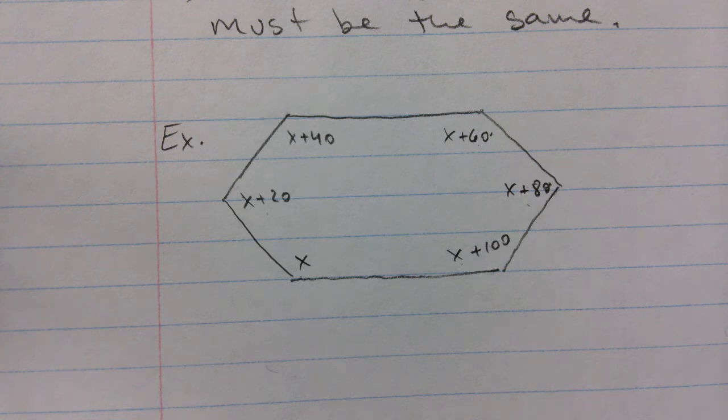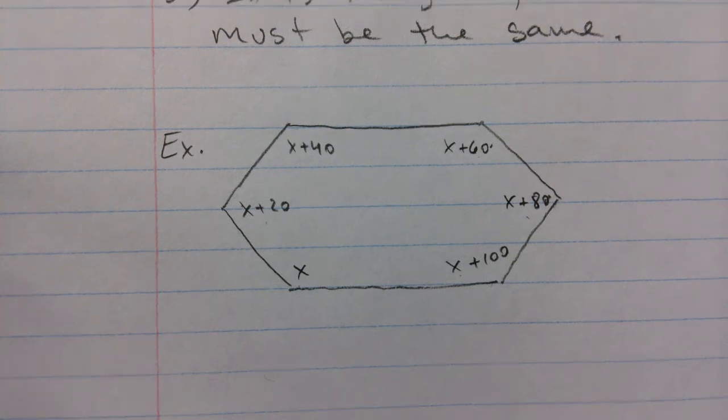Always think, what do I know about all of those angles? Like before it was like, oh, these two are corresponding, I know they're equal, right? These are consecutive interior, I know they add up to 180. Now we're looking at interior angles of a hexagon, right? What do we know about the sum of interior angles? 720, you remember, or n minus 2 times 180, right?